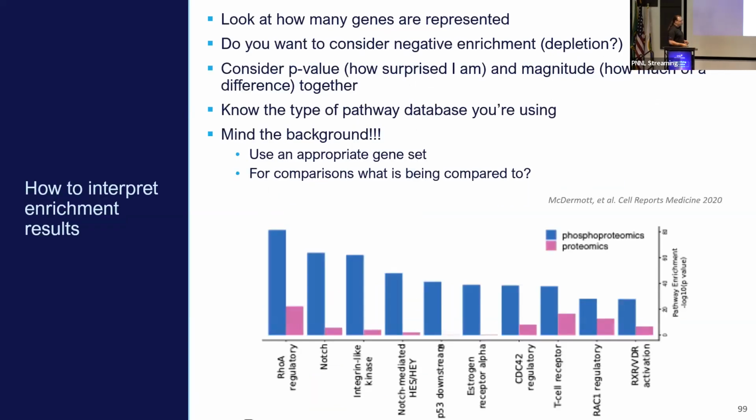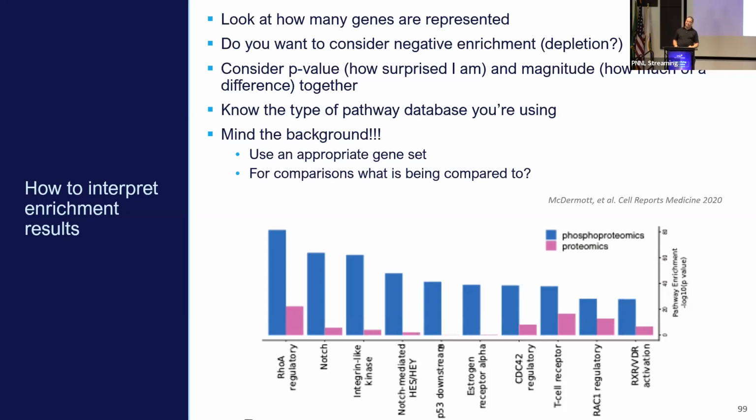So how do you interpret these enrichment results? I think I've kind of given you some idea of this. Different tools will have different filters and different ways that they represent things. These are just things to be aware of. One of them is to look at how many genes are represented. If you get a pathway that has a really great p-value and you take it as is, what I've found is that sometimes that really great p-value reflects 4 genes in your differential expression.